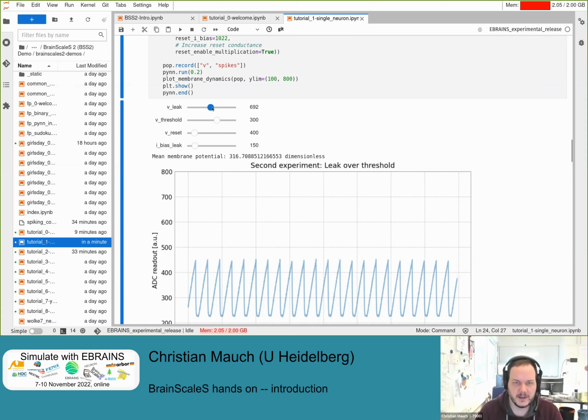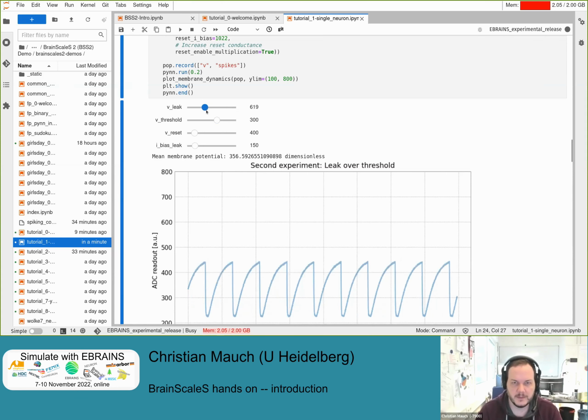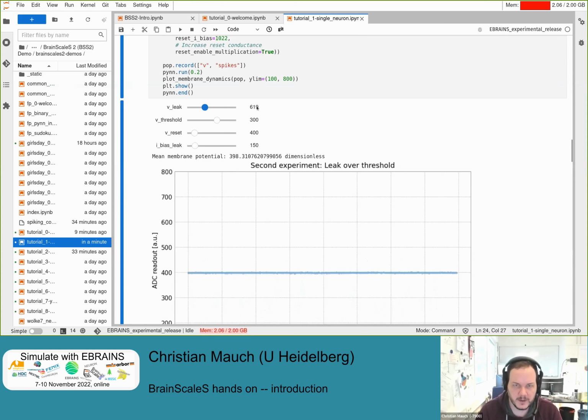So even if you set the leak to 600 or so, so this absolute value is above the threshold value, they are not on the same scale. That's a problem, but this is typically handled by the calibration, which I will go into later on. So in a typical experiment, you don't need to worry about all these details, but it's just to give you an idea about the kinks of the hardware that you need to keep in mind to really understand it.